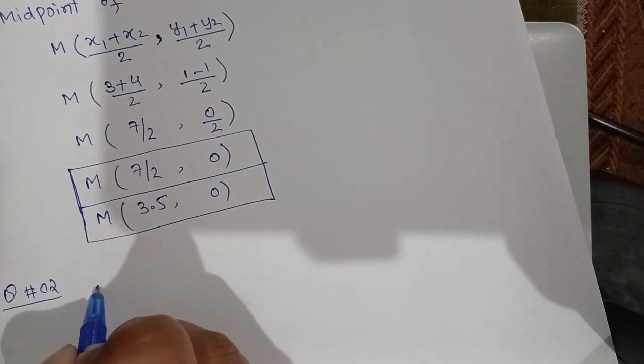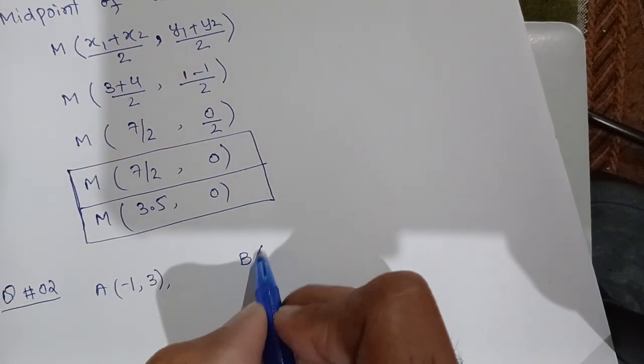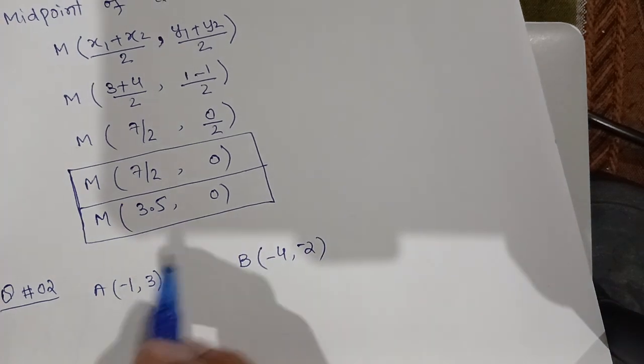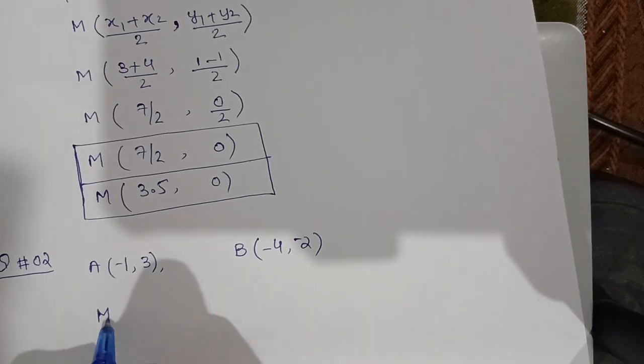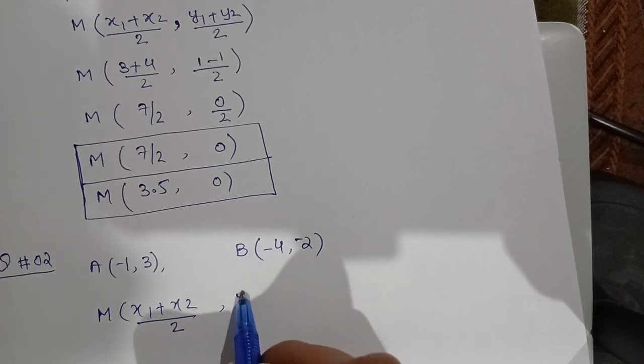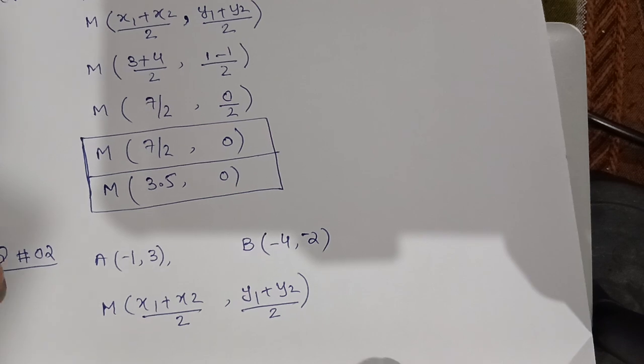in which A is (-1, 3) and B is (-4, -2). Very simple, following the above principle, M is (x1 plus x2) divided by 2, (y1 plus y2) divided by 2.